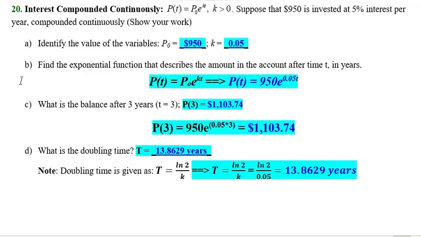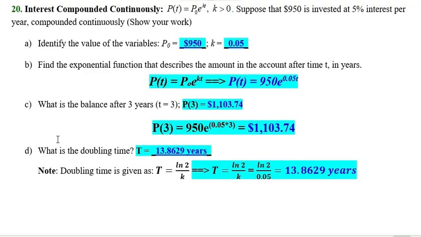So now if you compare number 20 to number 5, in 3 years in number 5 we got $1,102.72. Here we got $1,103.74. In number 5 it was growing quarterly, which is 4 times a year, but here it is growing every second continuously, but the difference is only $1.